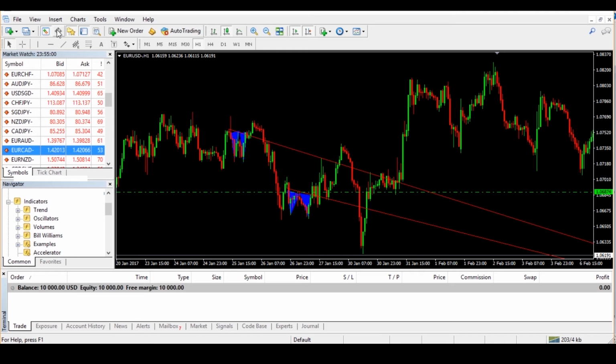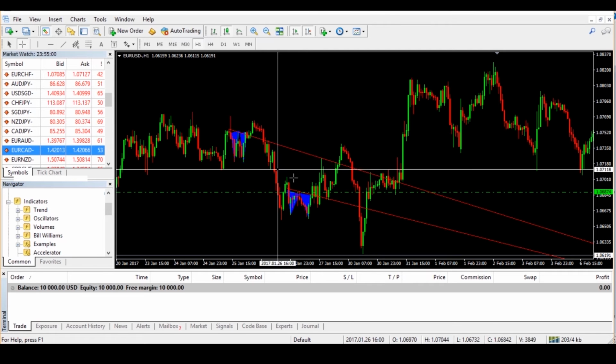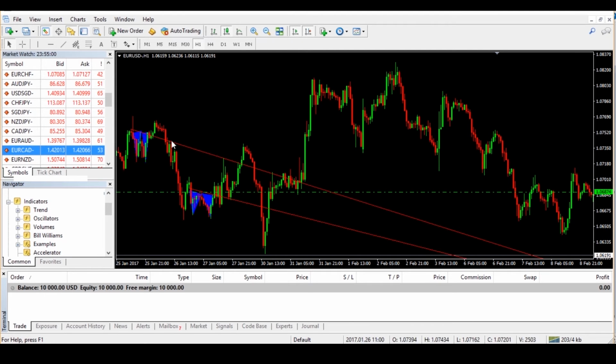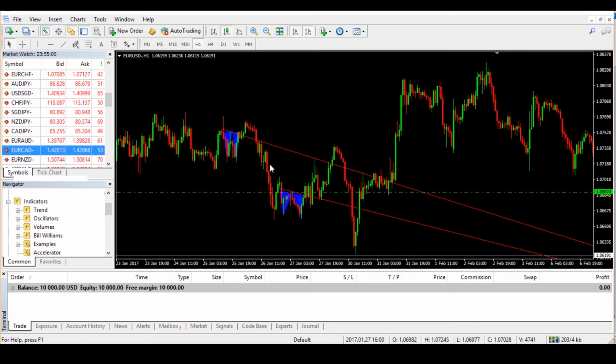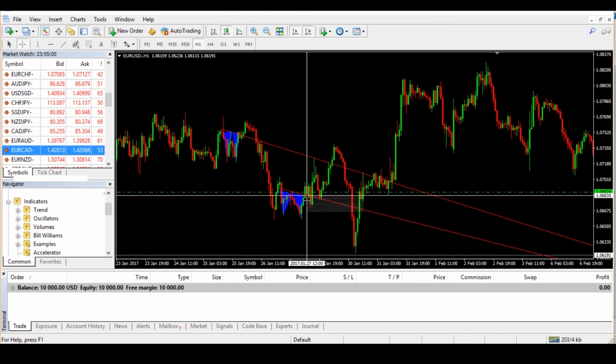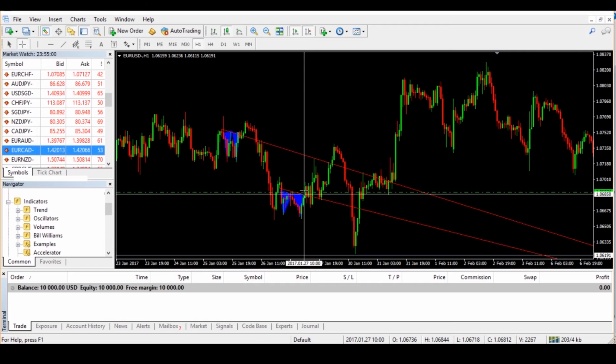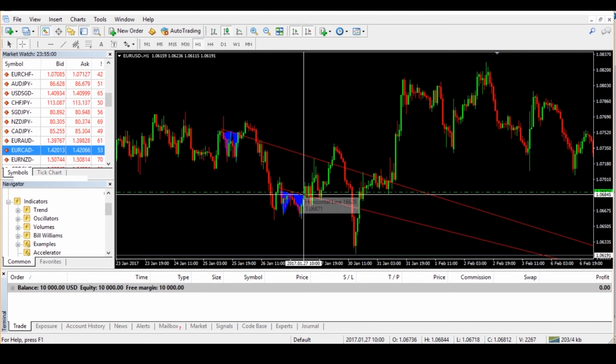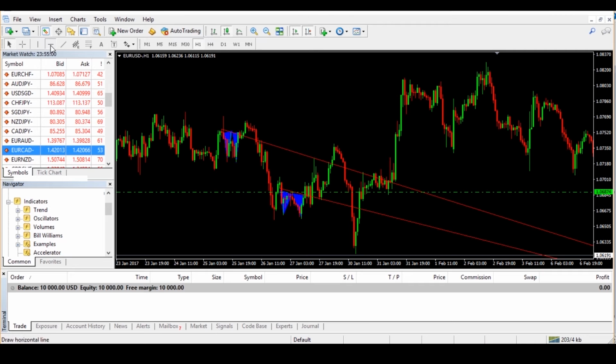And remember, it's the amount from the neckline to your target. So we said it was 139. So 139 is about there. So we will place our take profit around there.